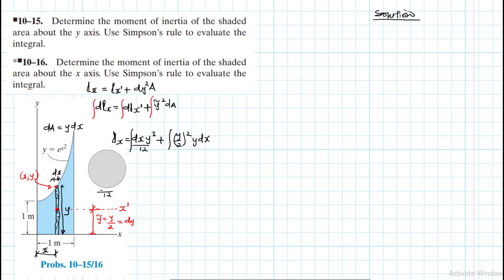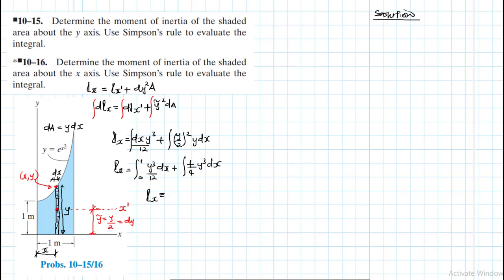All right, so to simplify this, integrating from 0 to 1, we have y cubed divided by 12 dx plus 1 over 4 y cubed dx.